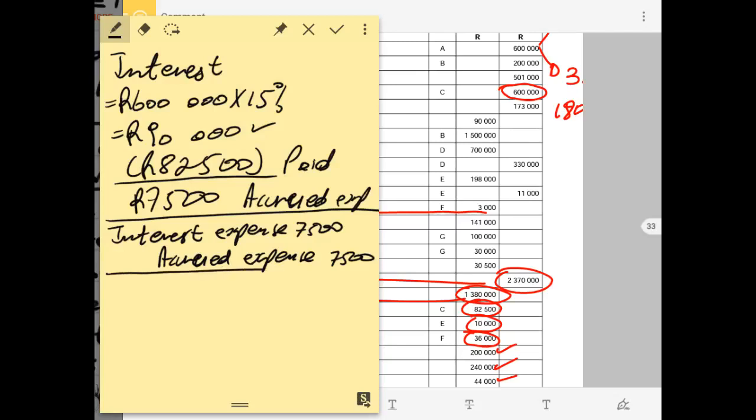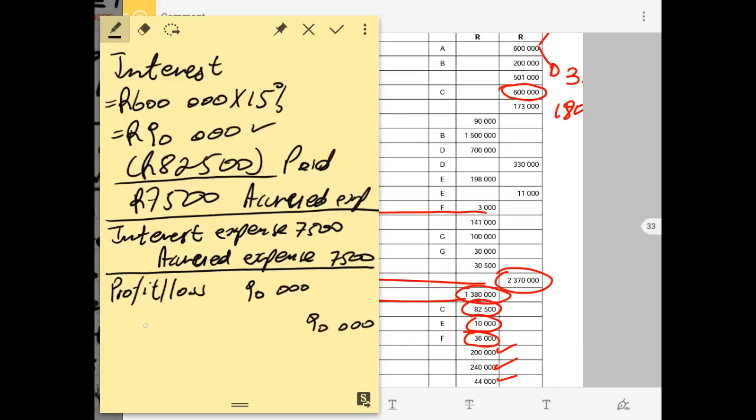That is the recognition of the accrued expense at the end of the year of 7,500. And if you see here, interest expense is debited by 7,500. So the minute you debit interest expense, it means it is increasing by 7,500. Then we transfer, or close off, this expense to profit and loss. When we close it off, we are recognizing the amount of the expense that was supposed to be paid for the full year.